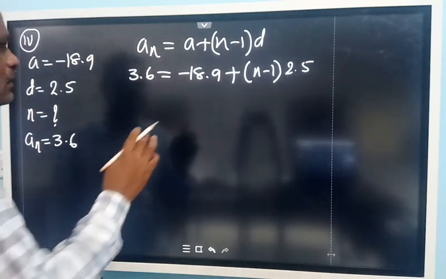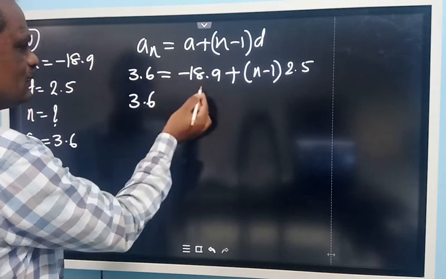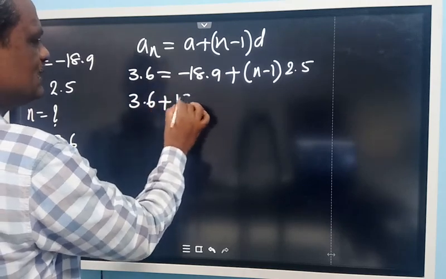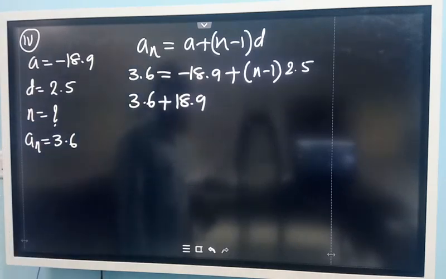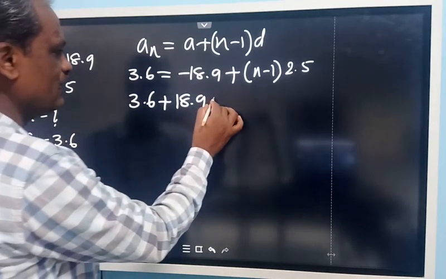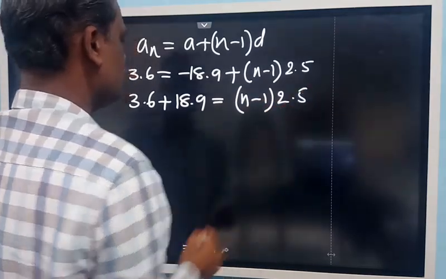So now transfer this minus 18.9 to the left side, 3.6, it becomes plus 18.9, and N minus 1 into 2.5.